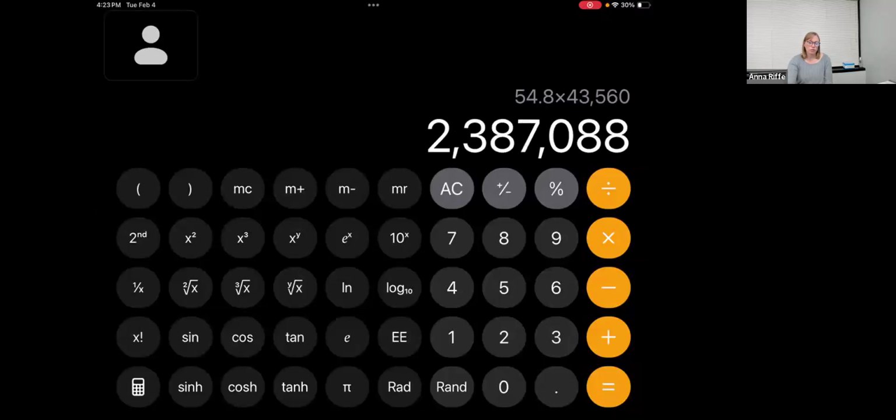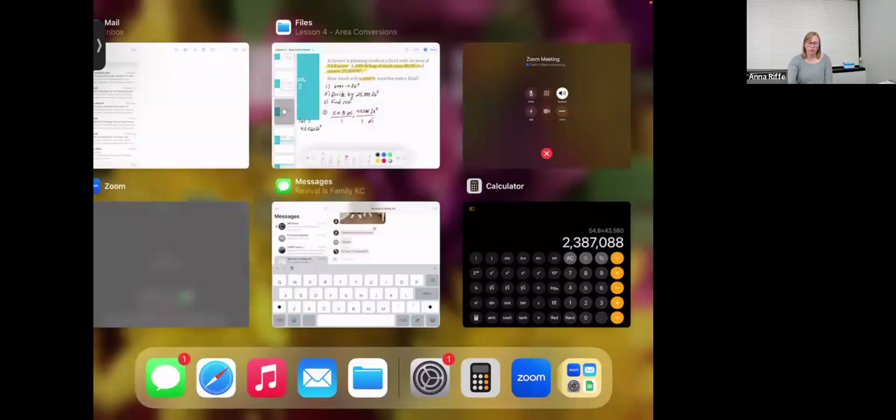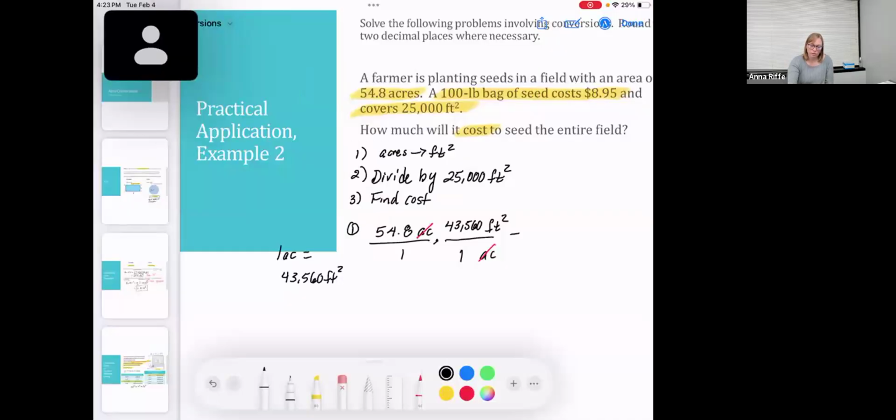And I get 2,387,088 square feet. So a very large number. So that's step one, done. We converted from acres to square feet.